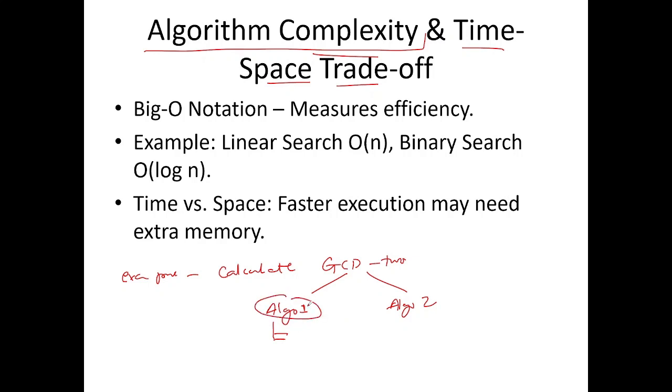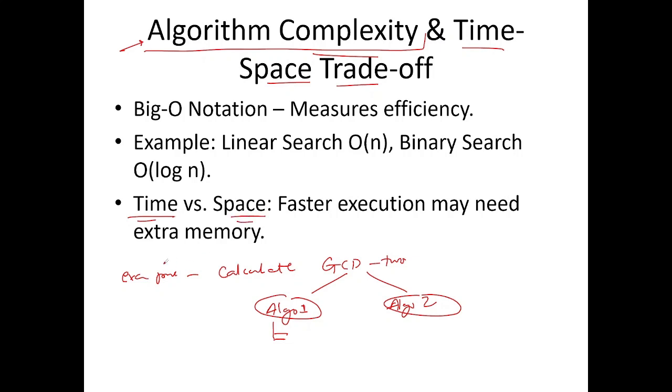The efficiency of these algorithms depends upon how many operations they perform. In order to explain the efficiency of these algorithms, we use algorithm complexity, and there are two types of complexities: time complexity and space complexity.